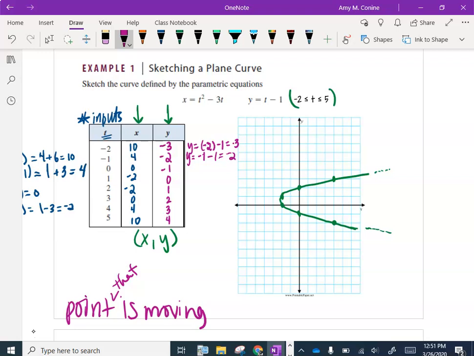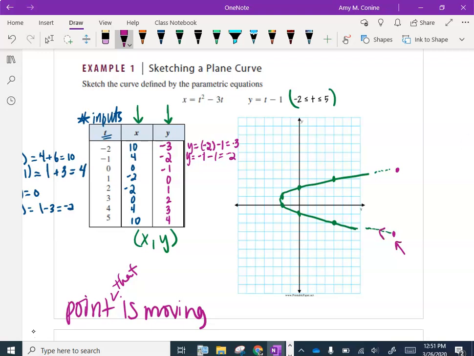So we started at -2 for t, and I'll guesstimate, let's say 10, -3 is out here somewhere, and 10, +4 is up here somewhere. So we started at -2, around here when we get our 10, -3.